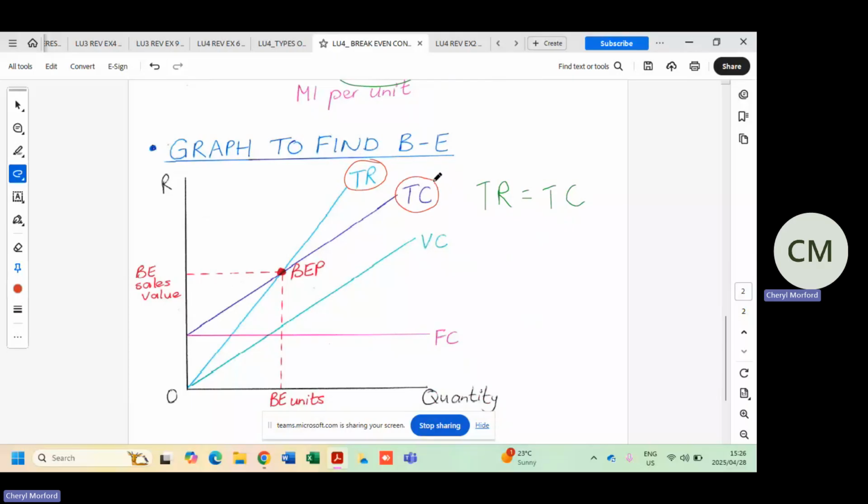So at the point at which those lines intersect, which you can very clearly see as over there, that is your break-even point. Then when you've got your break-even point, you can come down to a neatly labeled quantity axis, and you can read off the number of break-even units. Similarly, we can go across horizontally to the other axis where we've got monetary amounts. We would be able to read off our break-even sales value.